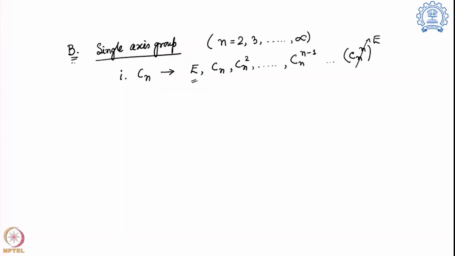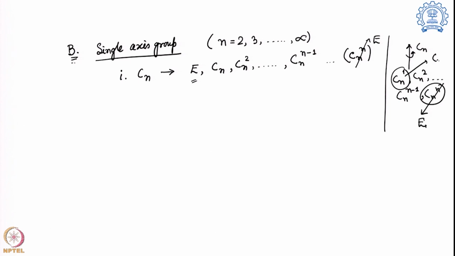So, that is why at a particular position, for a rotational axis that I am talking about for a molecule, if it is Cn at the same position, I can have Cn1, Cn2, so on and so forth up to Cn^(n-1), because Cn^n is nothing but an identity operator, and Cn1 we typically write as Cn only. So, that is the concept of successive rotations at the same place.